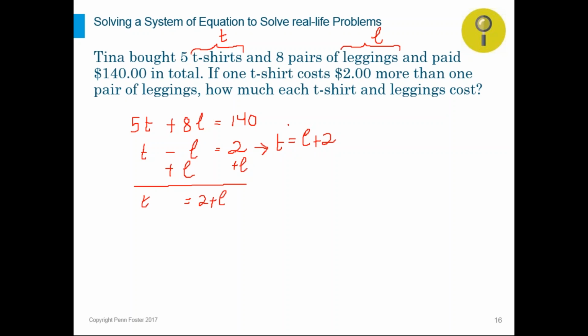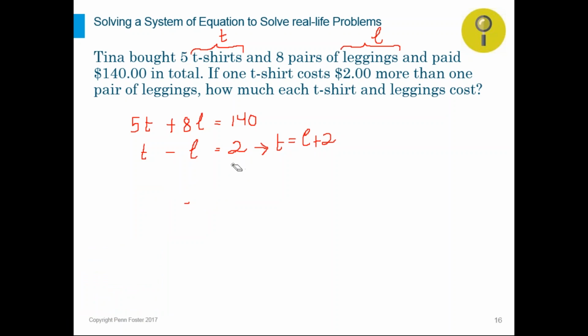So I described T in terms of L. I described the cost of one t-shirt in terms of the cost of one legging. Okay, and it makes sense. The cost of one legging plus $2 will give you the cost of one t-shirt. Okay, let's then proceed to the actual solution.